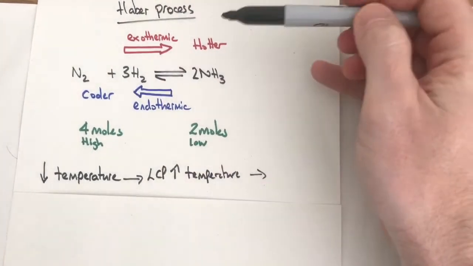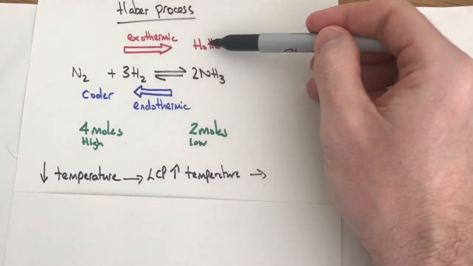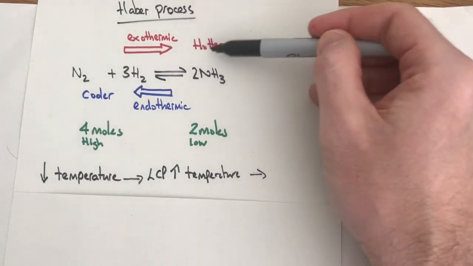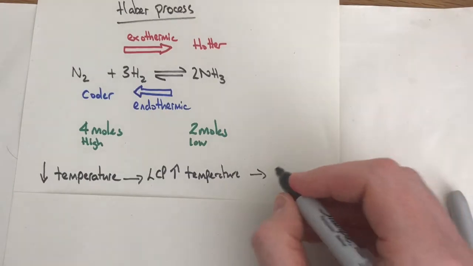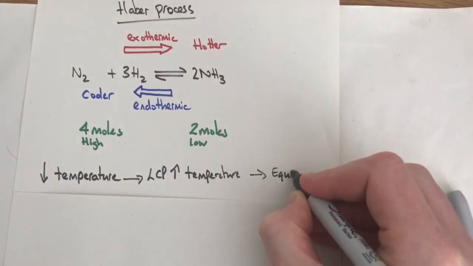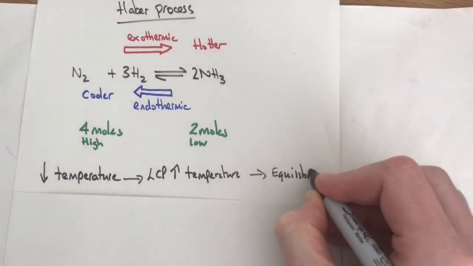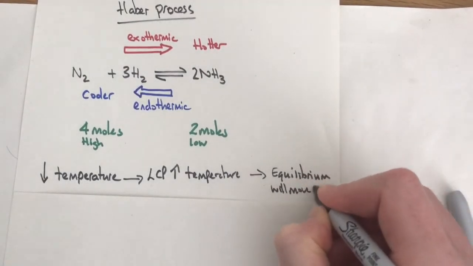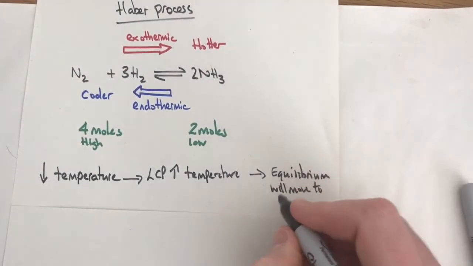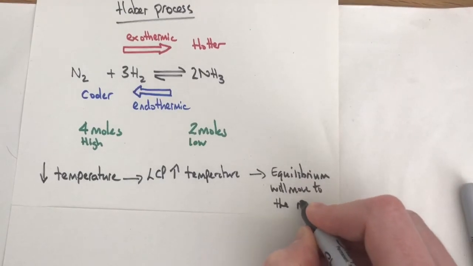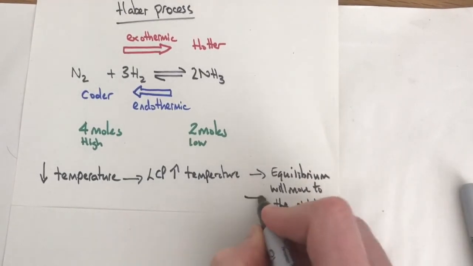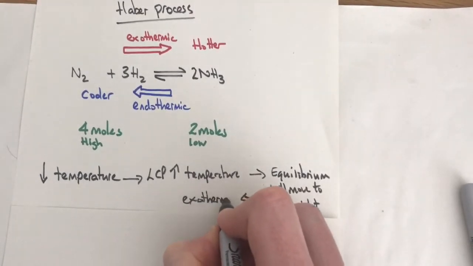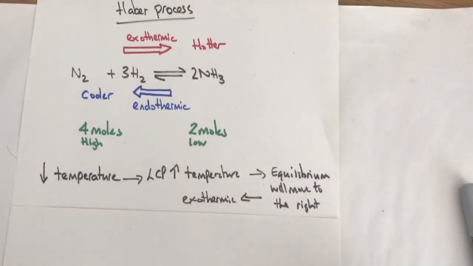Well, let's go back to our reaction. If it moves in the forward direction towards the right, then the reaction gets hotter. So that's what it's going to do. So here I'm going to write down that the equilibrium will move to the right, because that is the exothermic side, and that's the reason. I'm going to put the reason here now, because it's exothermic in that direction.